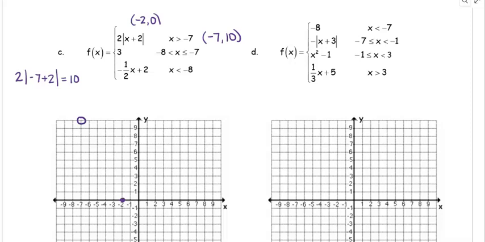I also see that the A value is 2. First of all, it is positive, which means that the graph is opening up. And I see that the slope there is basically 2 over 1. So as I start from -2, I can count up 2 over 1, up 2 over 1, all the way till I run out of room.